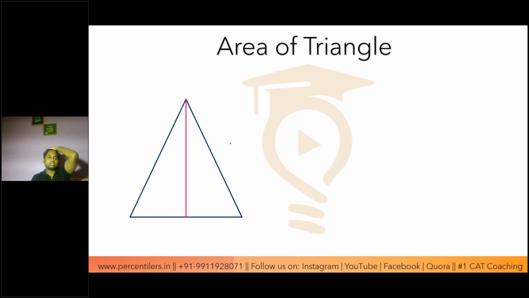So the top 2, area of a triangle, this is base and this is height. Area of triangle, also denoted by delta, is half into base into height. Everybody knows this.